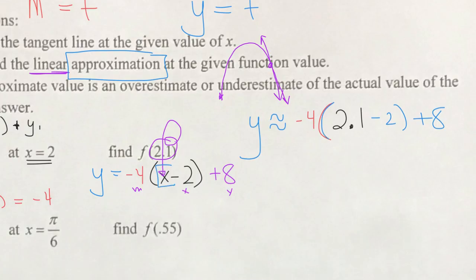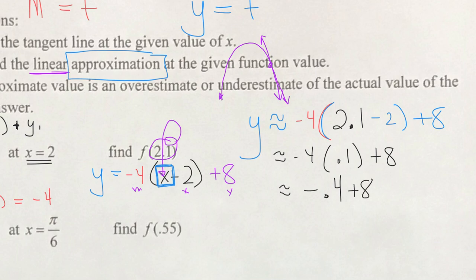Okay, so we replace x in our linear equation that we just made, and now we do all of our math. Negative 4 times 2.1 minus 2, well that's 0.1, so negative 0.4, plus 8, which is 7.6. Okay, so that's our approximate y value. We are approximating the y value at 2.1 using this linear equation that we made.